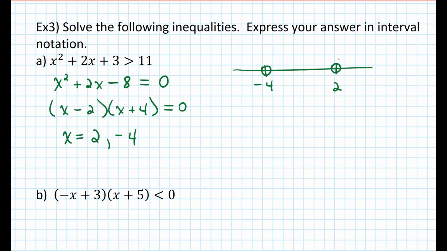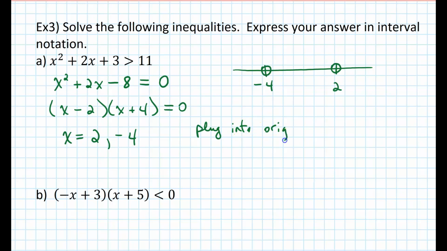And so again, we know there's a change occurring at those two values. And then what do we do? Plug something in. What's a nice easy number to check? 0. And we're going to plug into the original.